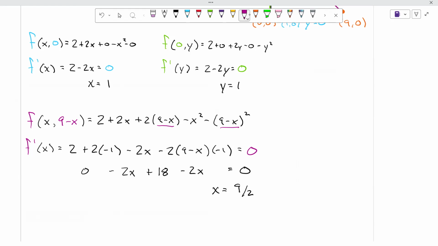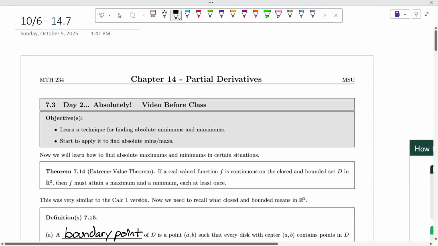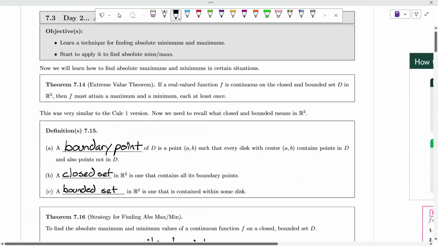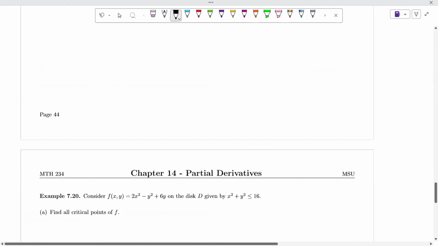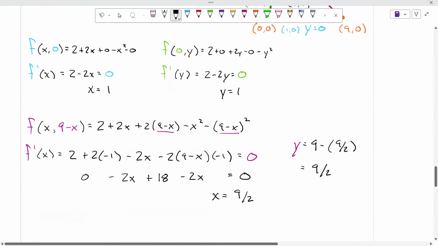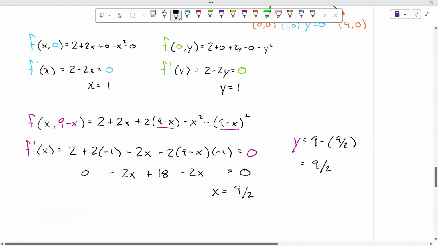Now, to substitute that thing, y is equal to 9 minus 9 over 2, which is itself 9 over 2. Hey, now. Come over here. This new update is just so intuitive.